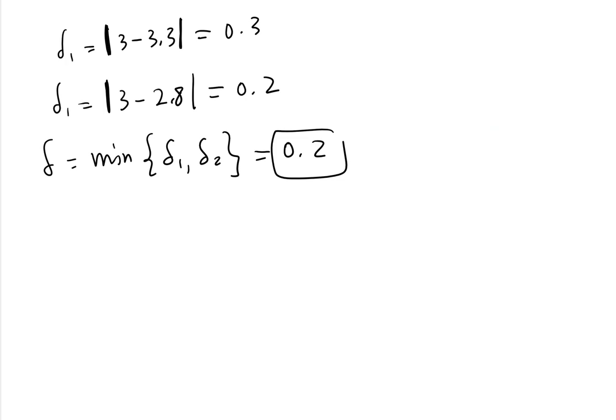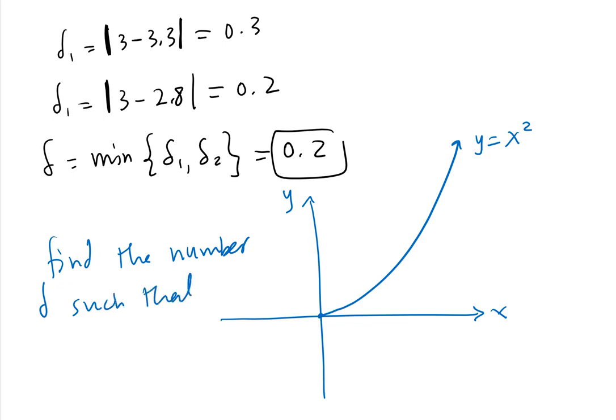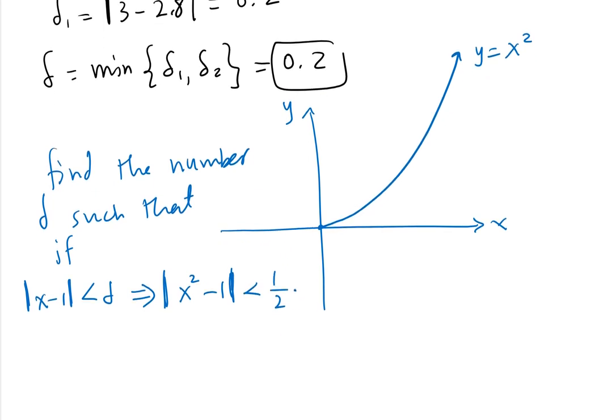Another example. This is y equals x squared. Find the number delta such that if the absolute value of x minus 1 less than delta implies x squared minus 1 less than 1/2.